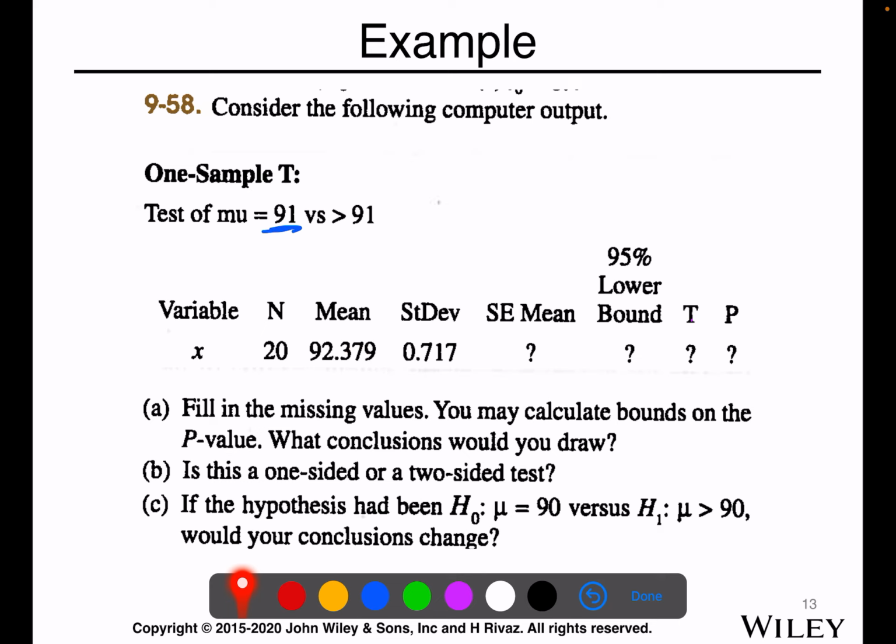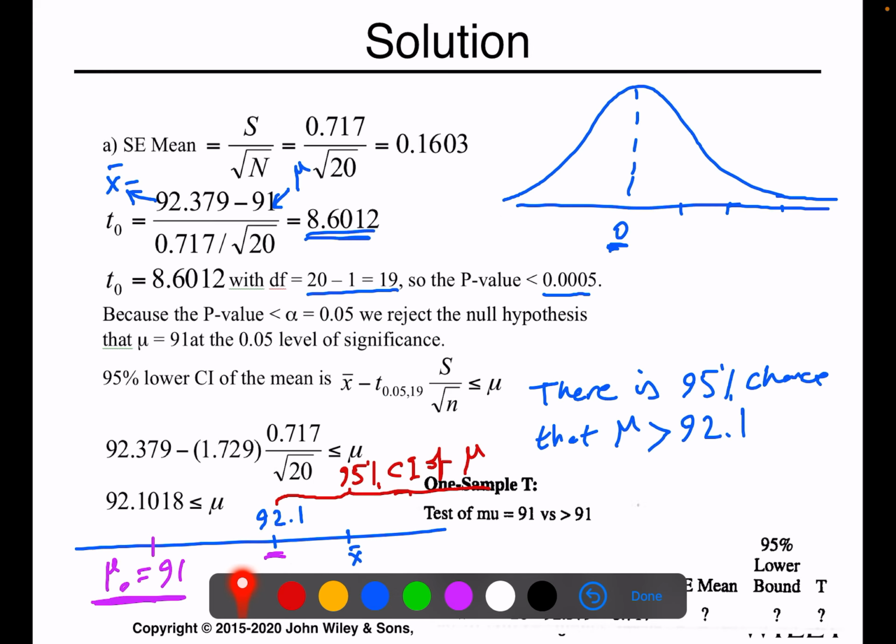So the answer to part C is no, it wouldn't change. Even for 91 we rejected the null hypothesis. For 90, we are going to reject it even more certainly. Any questions?